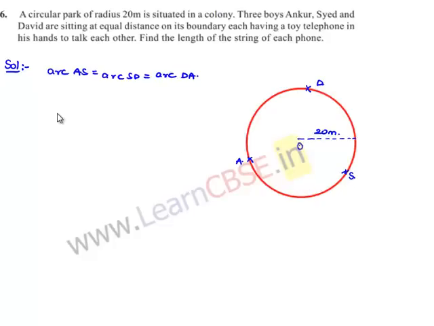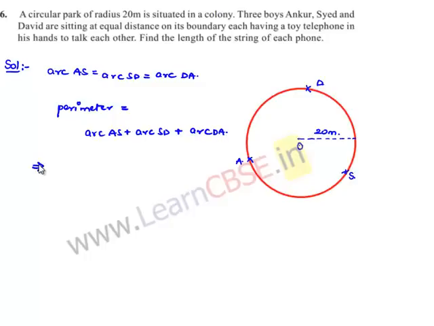We know that the sum of all the arcs, that is the perimeter, is equal to the sum of arc length AS plus arc length SD plus arc length DA.